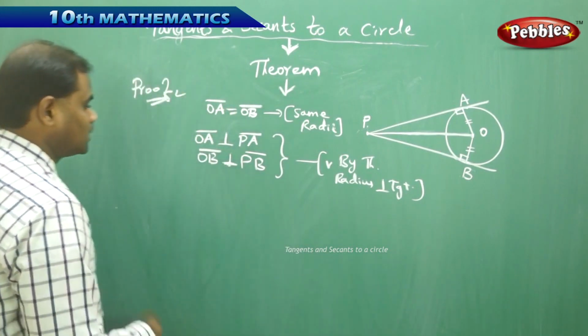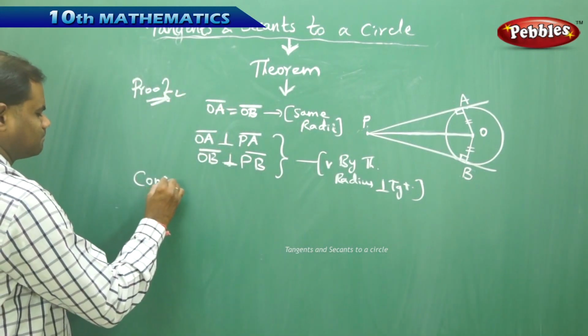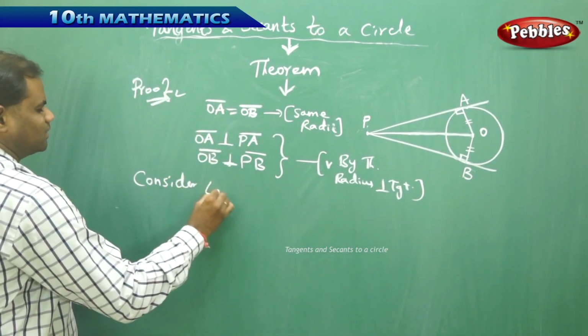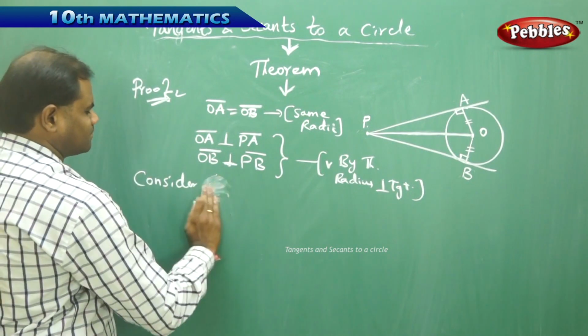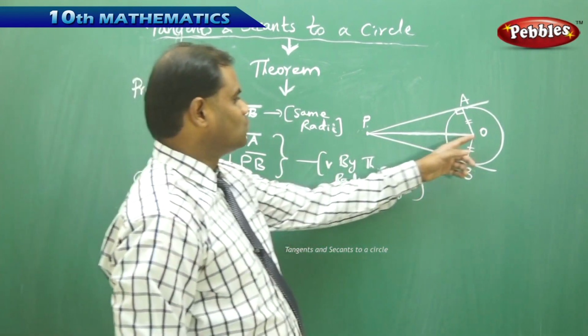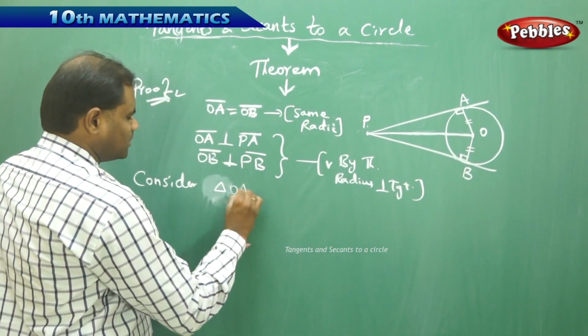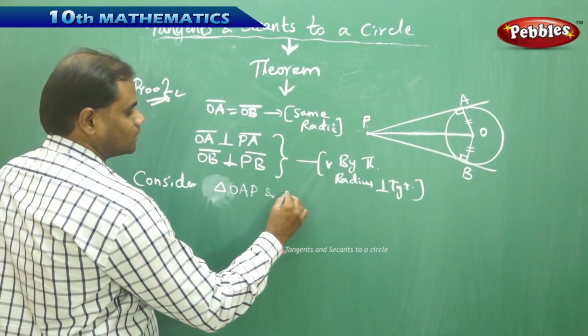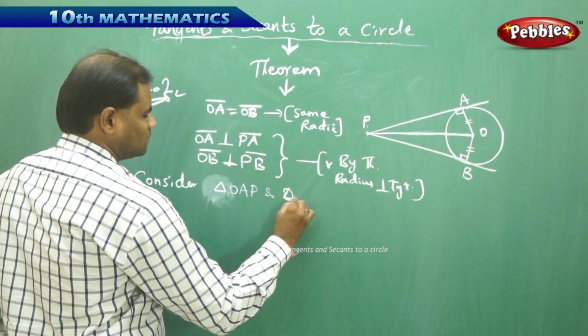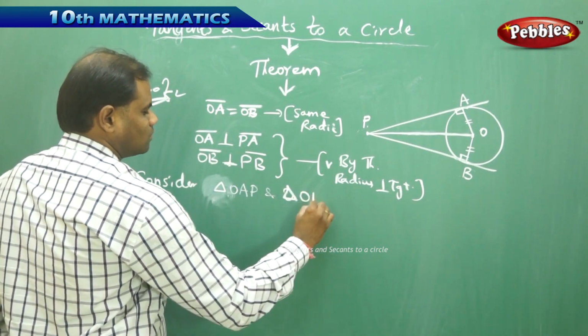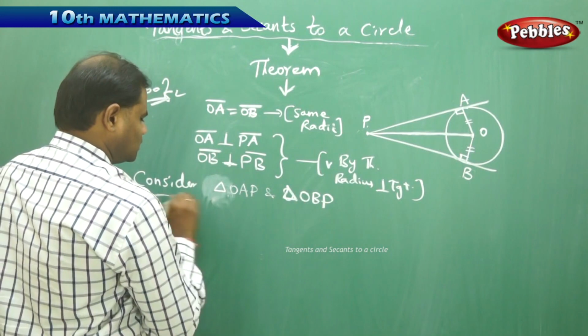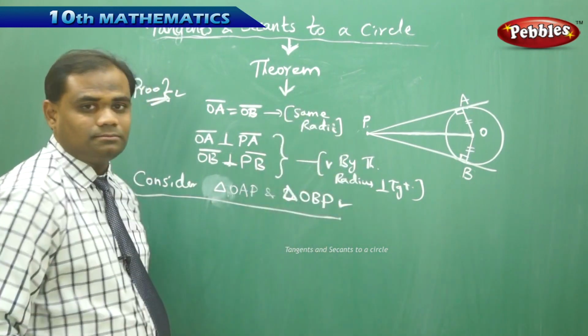Therefore, consider triangle OAP and triangle OBP, the two triangles.